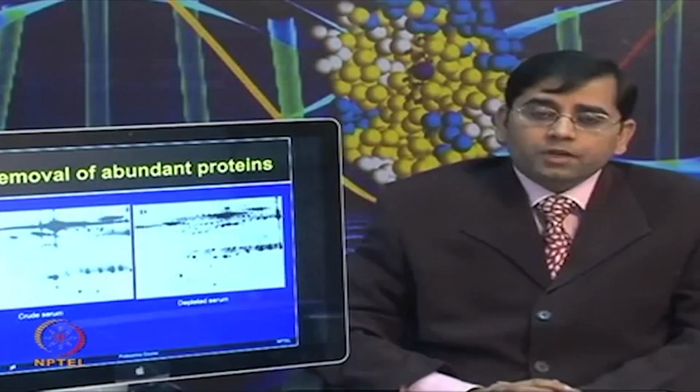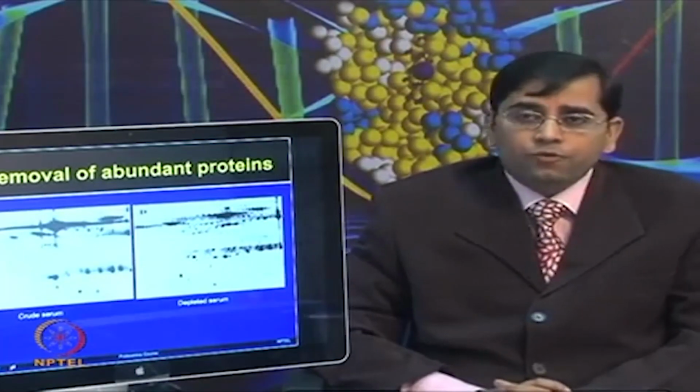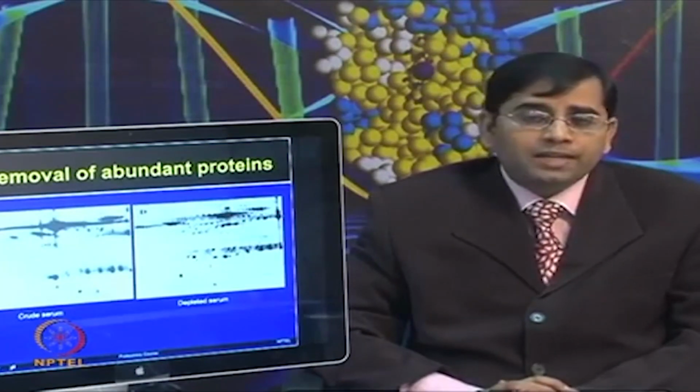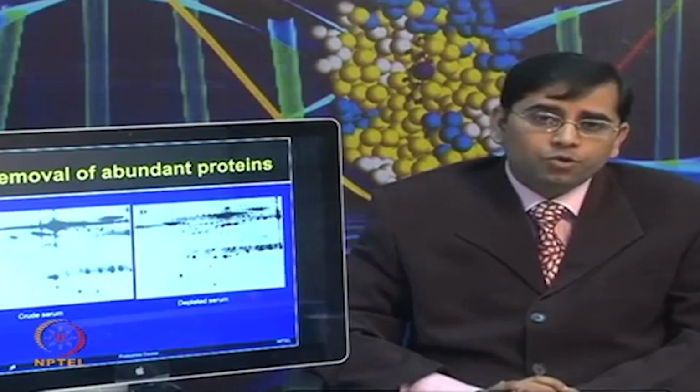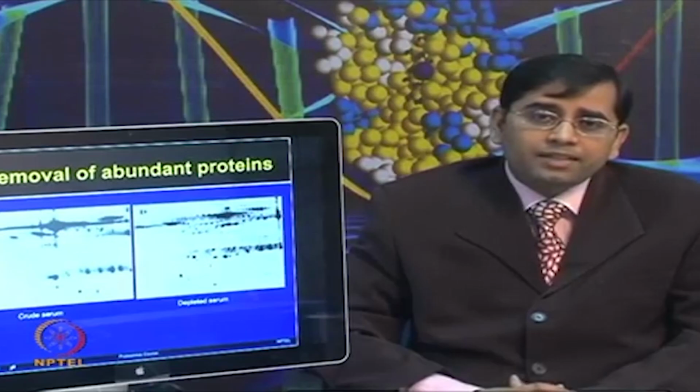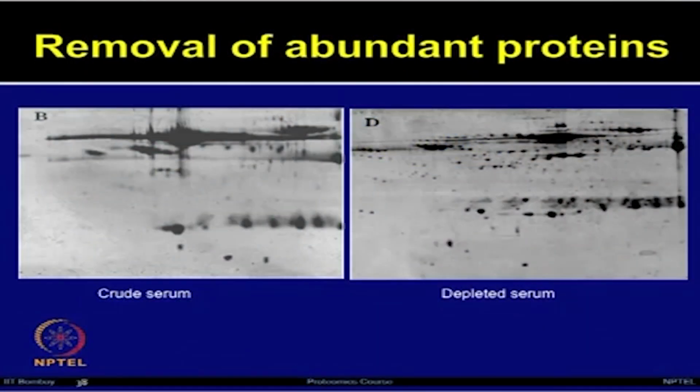Now, I am showing you an image of a two-dimensional electrophoresis gel, which we will discuss in more detail in the next module on two-dimensional electrophoresis. In these gels, the left panel is shown for crude serum and the right one is shown for the depleted serum.